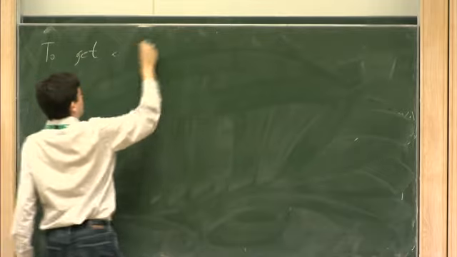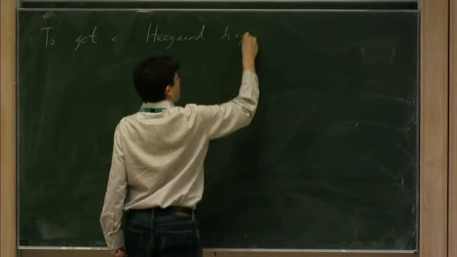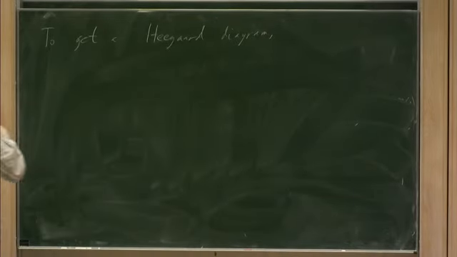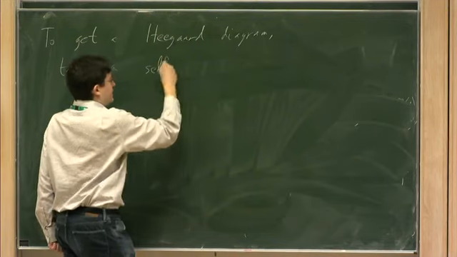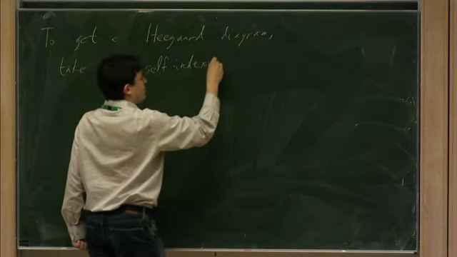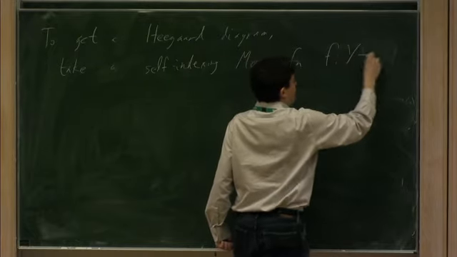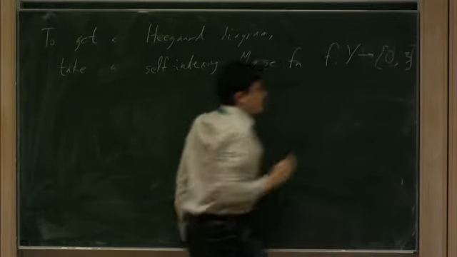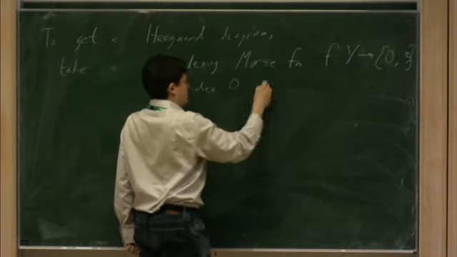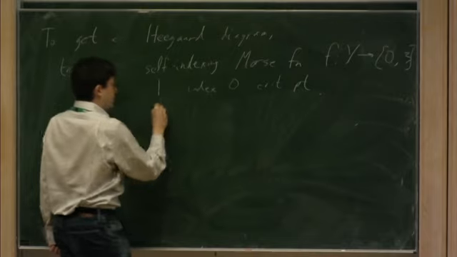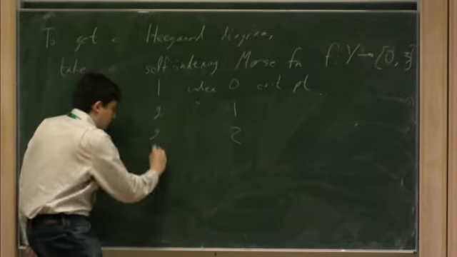So to get a Heegaard diagram, what we're going to do is take a self-indexing Morse function f from Y to the interval from 0 to 3, which is going to have one index 0 critical point, g index 1s, g index 2s, and one index 3.